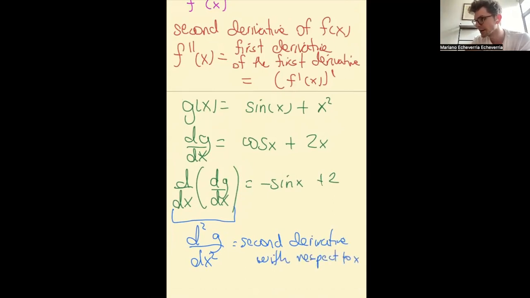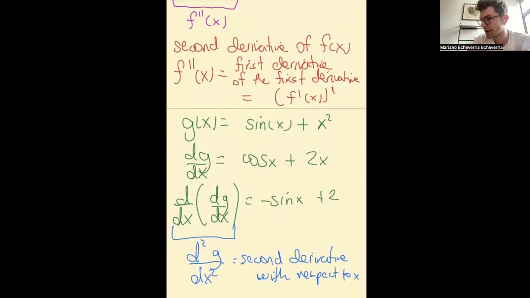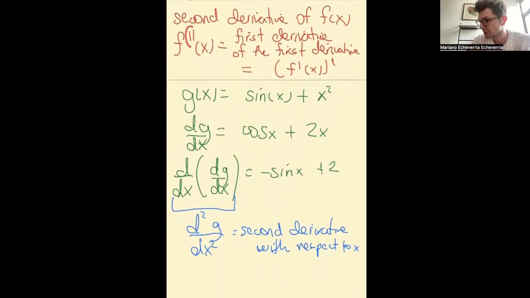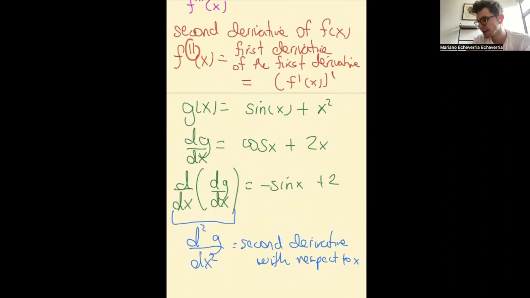In this notation, like in the previous notation, the number of primes is telling you that you're taking two derivatives. In this notation, the 2 here is the one that's telling you that you're taking two derivatives. You also put a 2 here because of the conventions. So the 2's always match, and that's just telling you you're taking two derivatives of the function g.